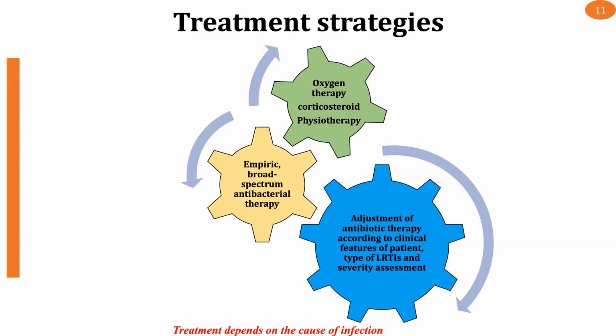Healthcare professionals also apply empiric therapy using broad spectrum antibiotics before adjusting treatment after the feedback from lab results. This adjusted treatment will depend on the clinical features of the patient, the type of pathogen isolated, but also the severity of the disease. Next, please.